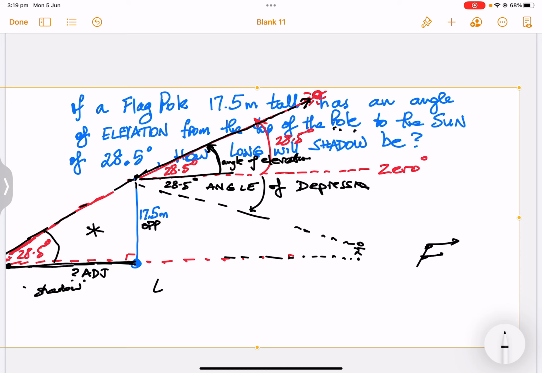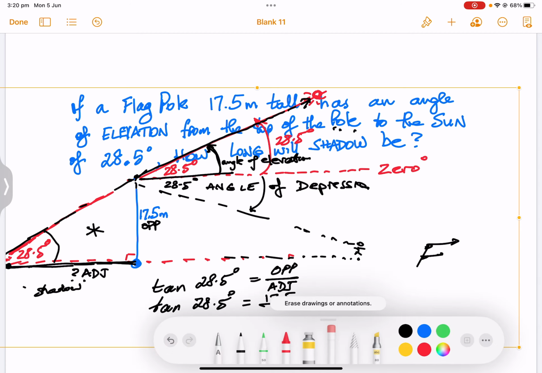The only ratio that we use for those is tan. So tan of 28.5 degrees is the opposite side over the adjacent side. So tan of 28.5 degrees is our opposite side, 17.5 meters, and the shadow is the adjacent side.